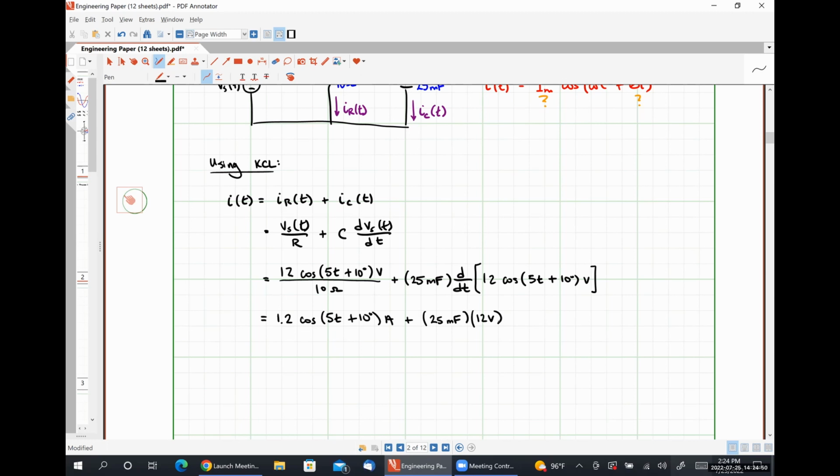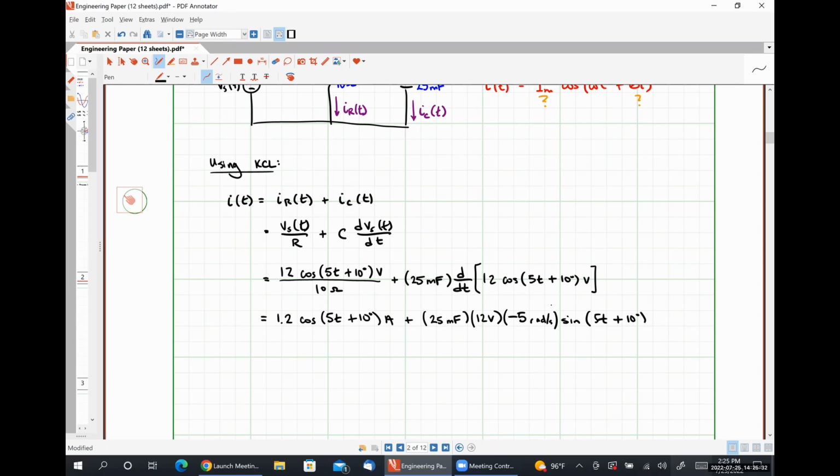When I take the derivative of cosine 5t plus 10 degrees, I'm going to get negative 5 sine of 5t plus 10 degrees. That 5 is the omega value, where omega has units of radians per second. I'm going to leave the units off here, but a millifarad times a volt per second is actually going to be an amp dimensionally.